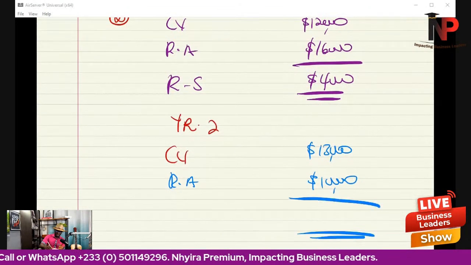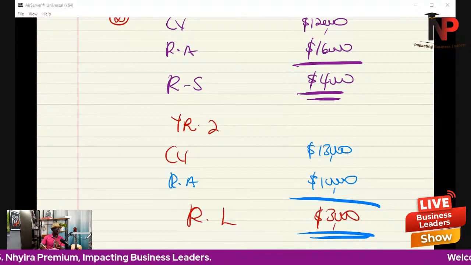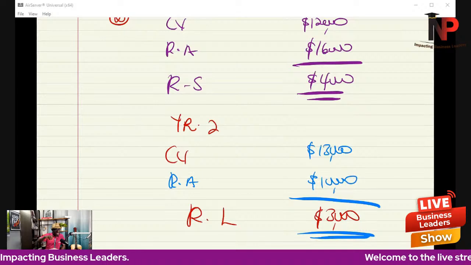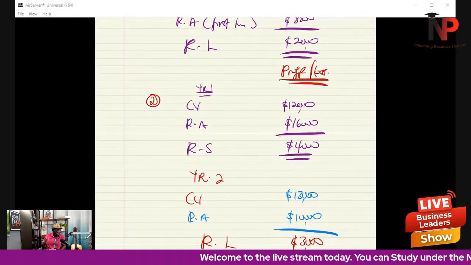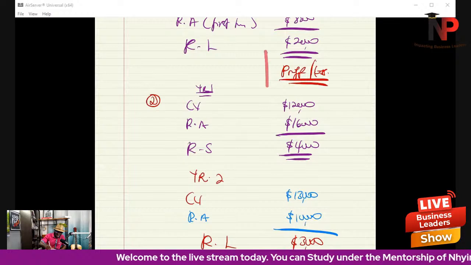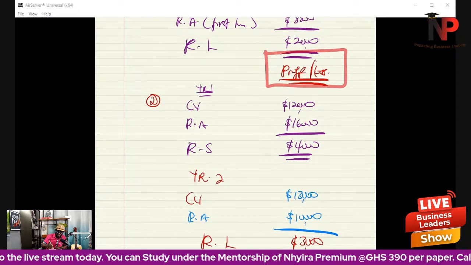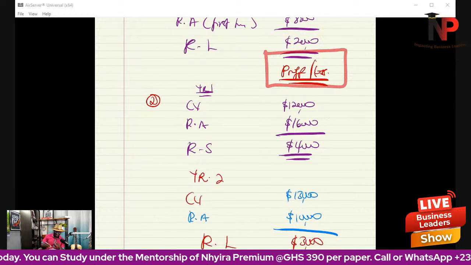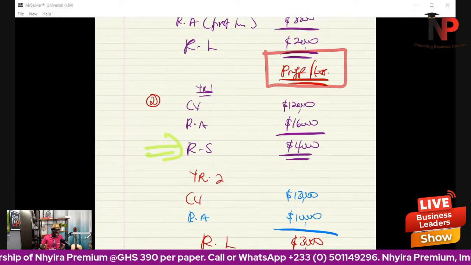So here in the second year, you're having a revaluation loss of $3,000. Now, this revaluation loss of $3,000, you don't take it to the P&L account directly as you did in the first scenario. Why? Because the asset that has now suffered a reduction had a surplus of 4,000 in the previous year.